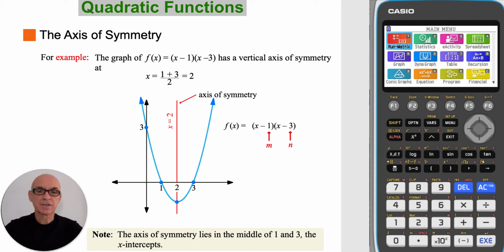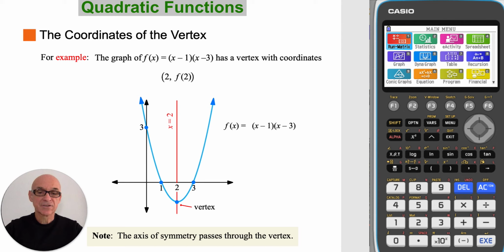So the function has a vertical axis of symmetry of x is equal to 2, as shown in the diagram. Note that the axis of symmetry lies in the middle of 1 and 3, the values of the x-intercepts.